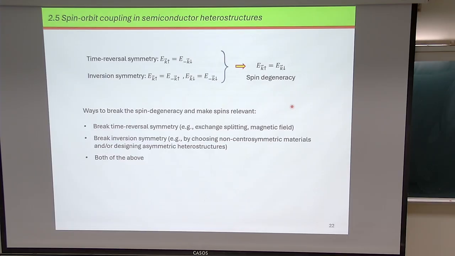In this material the spin degeneracy will be broken because they don't have a point of inversion symmetry. These are called non-centrosymmetric materials. Or we can design structures that are non-symmetric in order to have the spin degeneracy broken. And ultimately, of course, we can have both things: a magnetic field, breaking both time reversal and inversion symmetry. Any question?